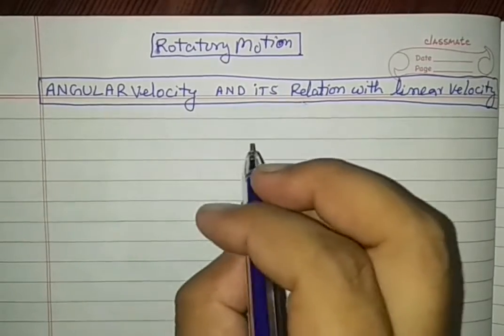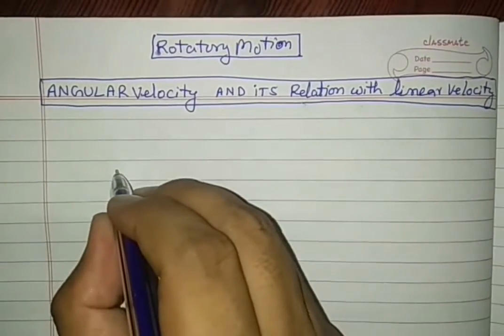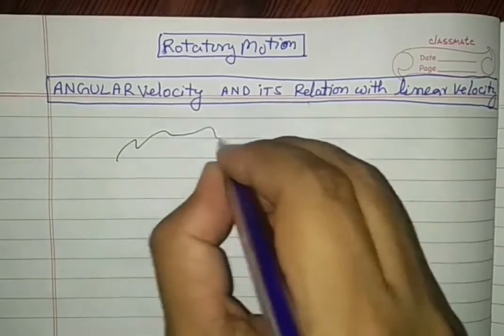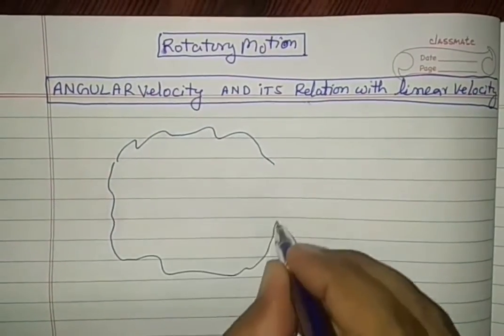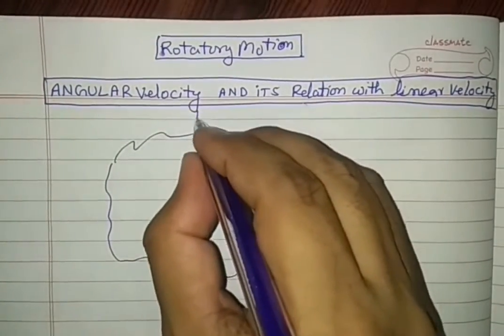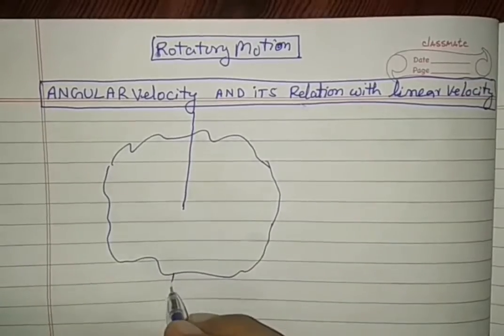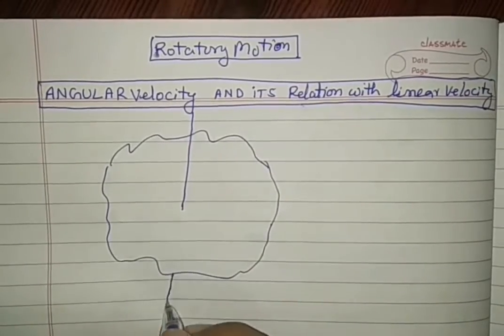So let's see. We are understanding a system of n particles in which let it be a rigid body. This rigid body is rotating about this axis of rotation.